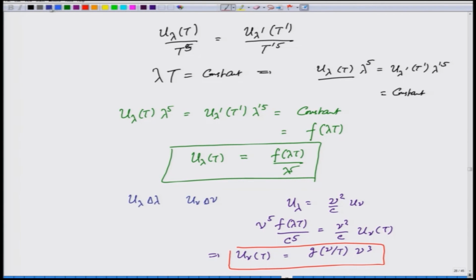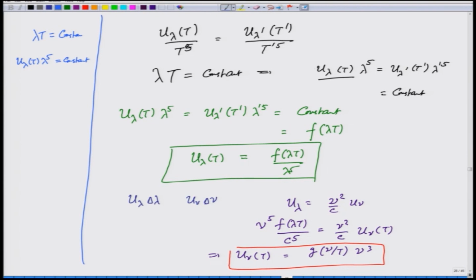Important thing, and that I am going to write on the side, is what we have obtained is lambda T is a constant and u lambda T times lambda raised to 5 is a constant for each given lambda.